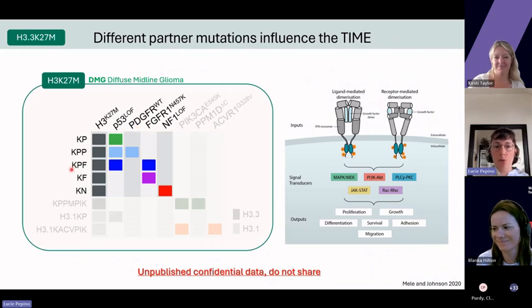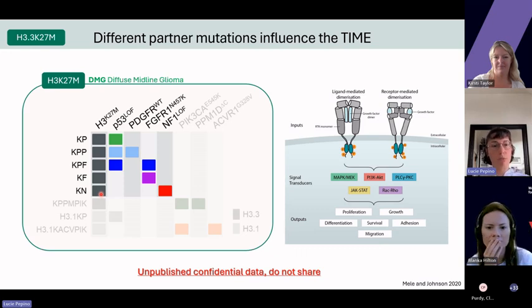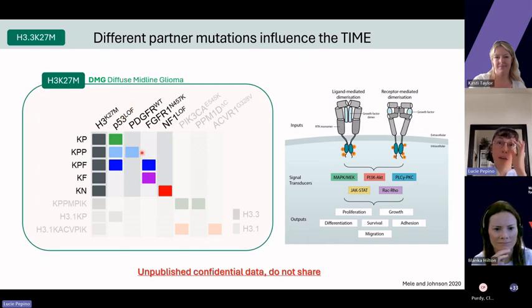Today I will only present 5 different models: KP, KPP, KPF, KF, and KN. All of the data that I'm going to show you now are unpublished data, so depending on what you want to do with them, please do not share. They are all carrying the H3.3 K27M mutation, and then an additional mutation. Some of the models act as a control for the other models.